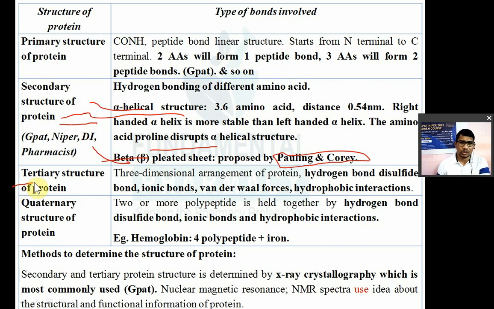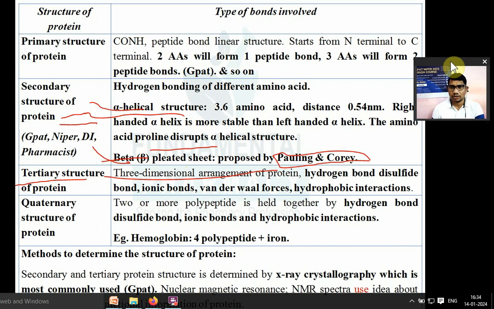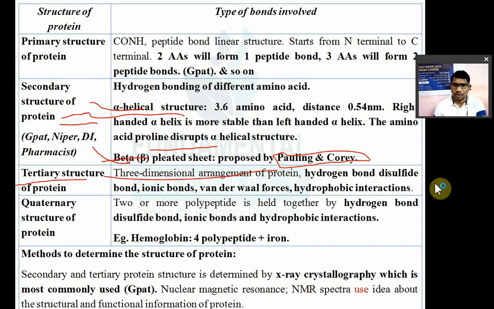Now the tertiary structure of protein. Tertiary structure means the three-dimensional arrangement of protein. In this there is an introduction of one new bond known as the disulfide bond.